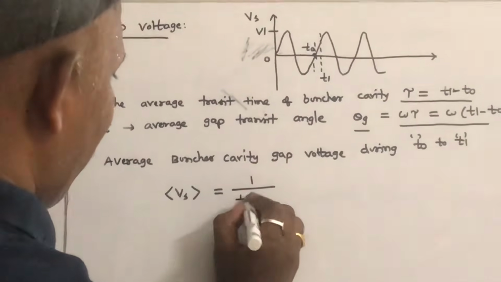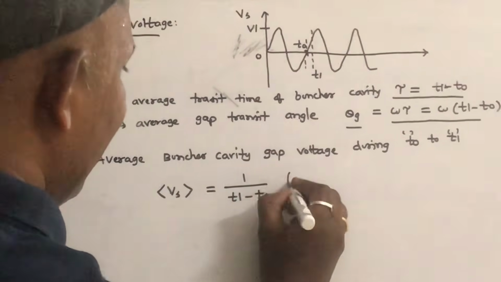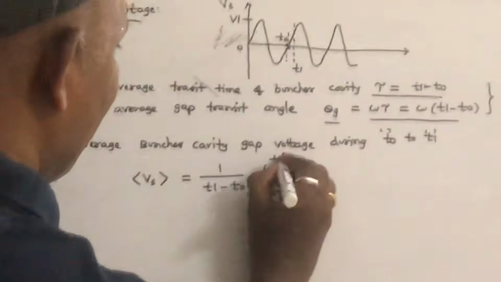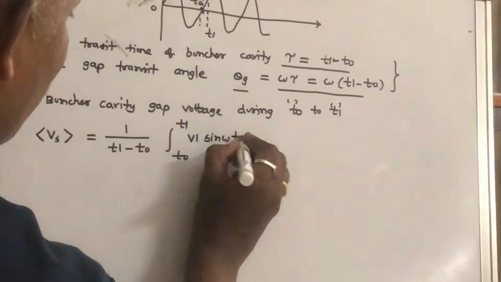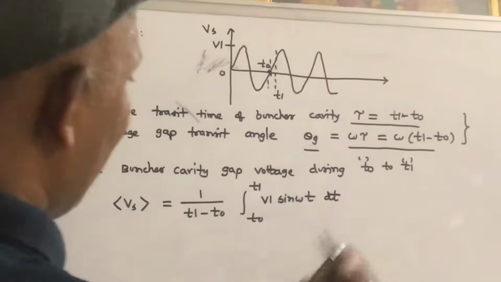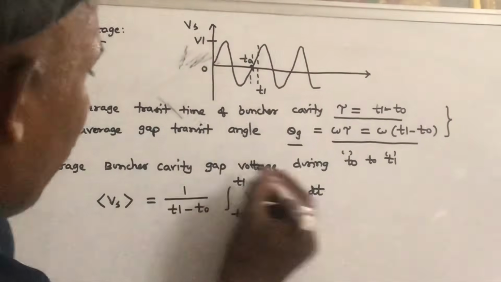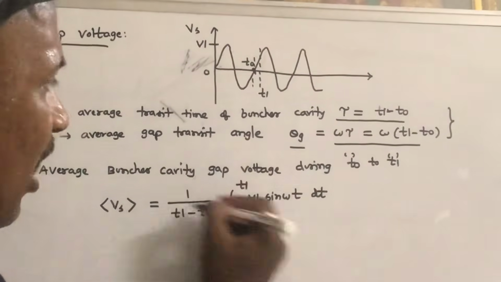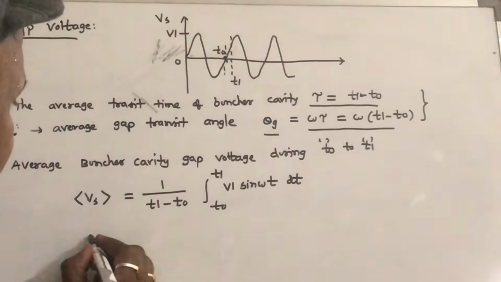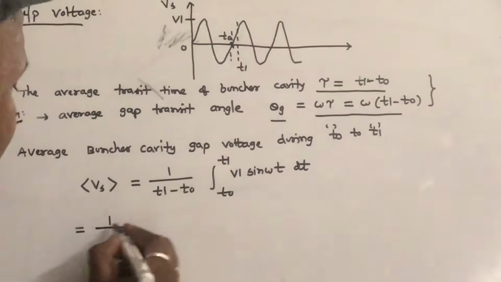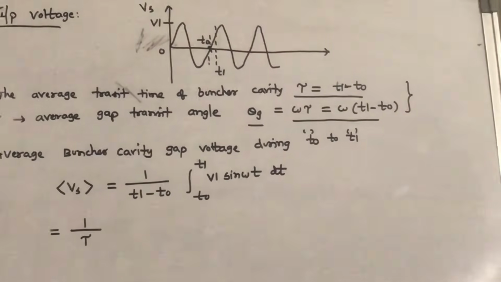It is given by 1 by T1 minus T0, integral T0 to T1, V1 sine omega t. We want to find out the average value of this RF input during this interval T0 to T1. So this is the formula we can get from networks, the average value of a given waveform in the interval T0 to T1. So therefore it is written as 1 by tau, because T1 minus T0 is the transit time tau.